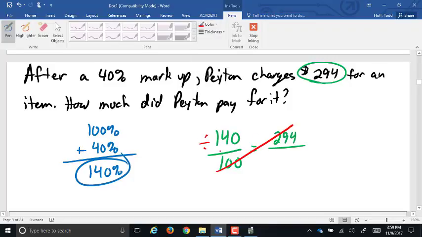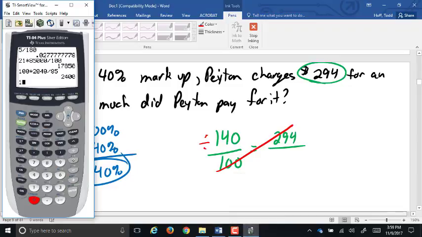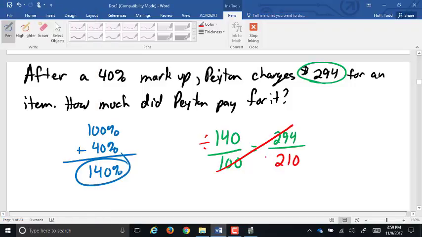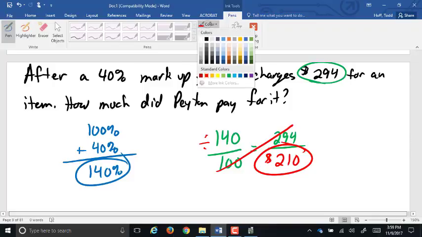Cross multiply and divide: 100 times 294 divided by 140 is $210. Any questions on that? Okay.